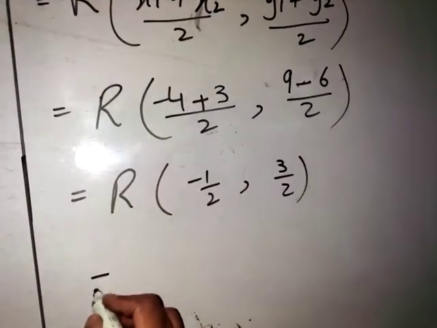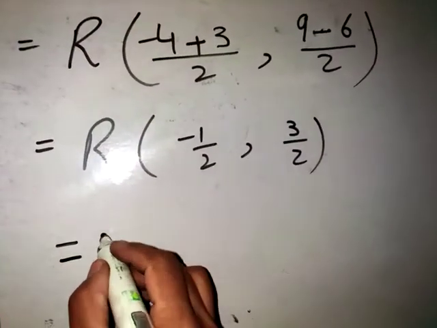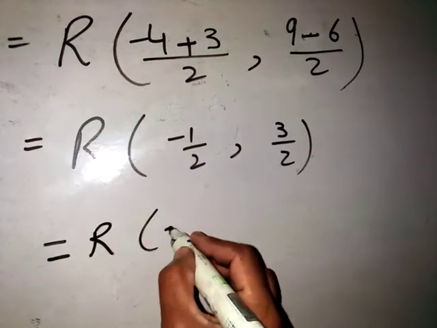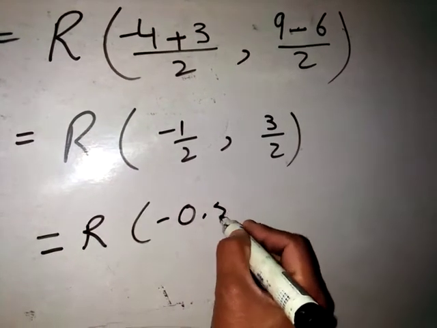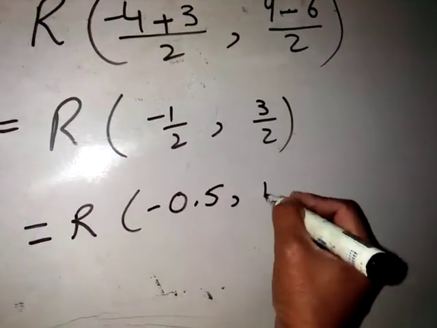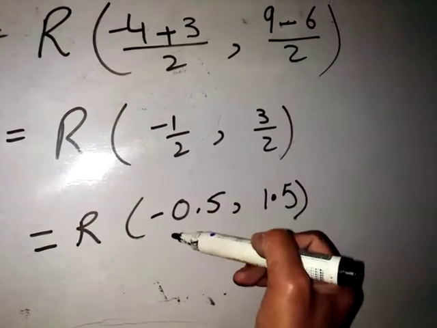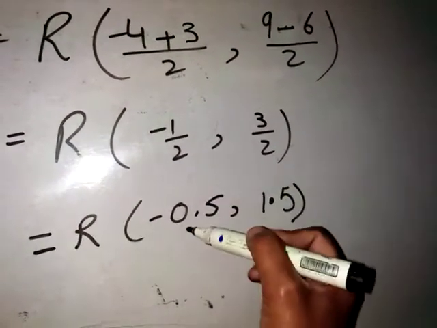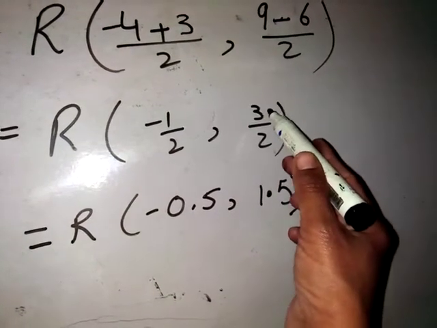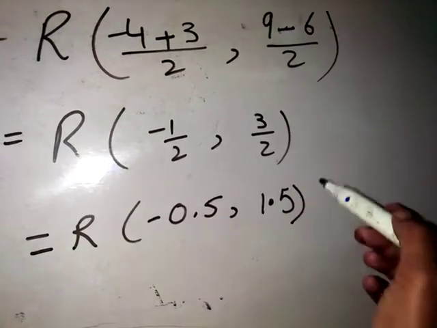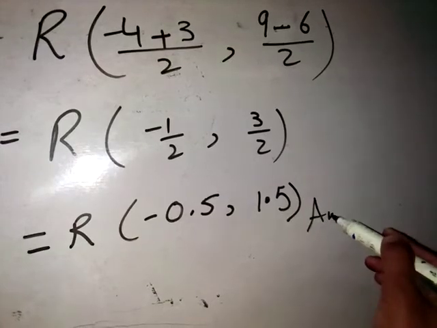So finally the midpoint of AB will be -0.5 and 1.5. 1 divided by 2 is half, 0.5, and 3 by 2 means 1 and a half, 1.5.